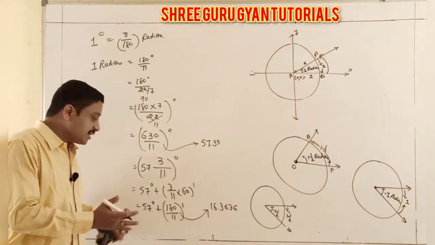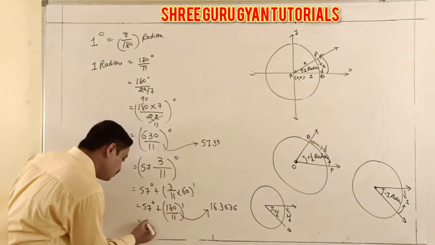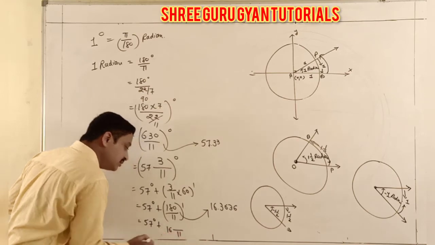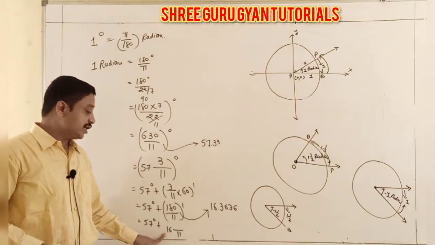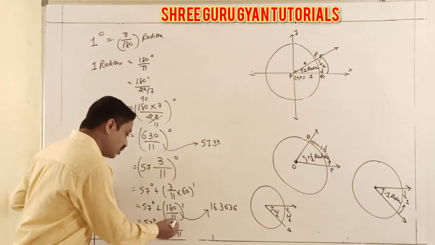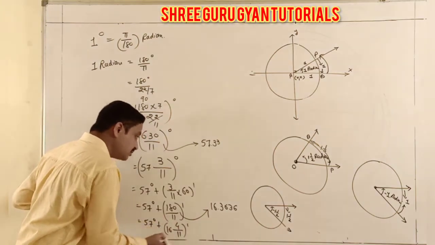I take 16 separately. So 57 degree, 16 minutes, and 11 times 16 is 176, and here 4 remains.